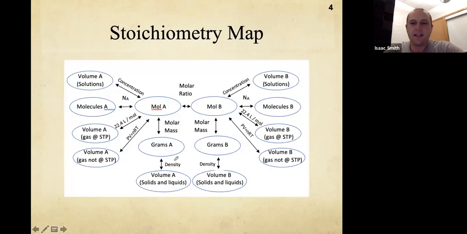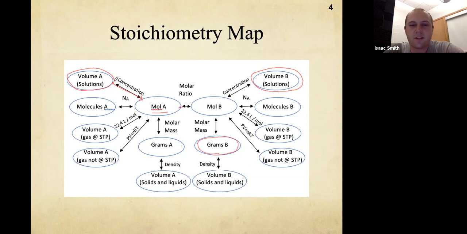So adding even more to the stoichiometry map, I added this circle here and this circle here, okay? The question was asking how many grams of product, so that would be grams of B, and we were starting with volumes of solutions. In order to convert from the volume of a solution to moles of A, we need to know the concentration, just like we talked about.